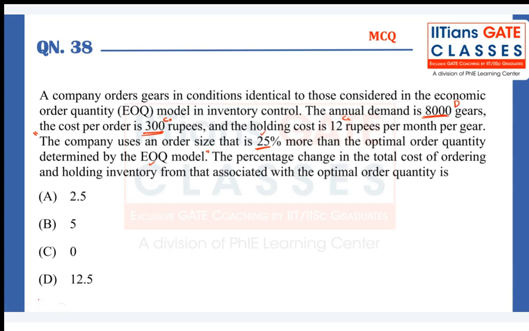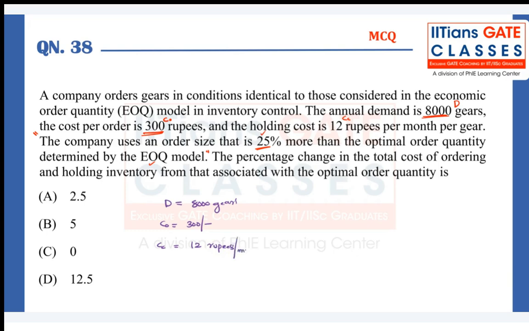First write the given data, guys. Annual demand is equal to how much? 8,000 gates per annum, right? Ordering cost is 300 rupees, right? Carrying cost is 12 rupees per month.